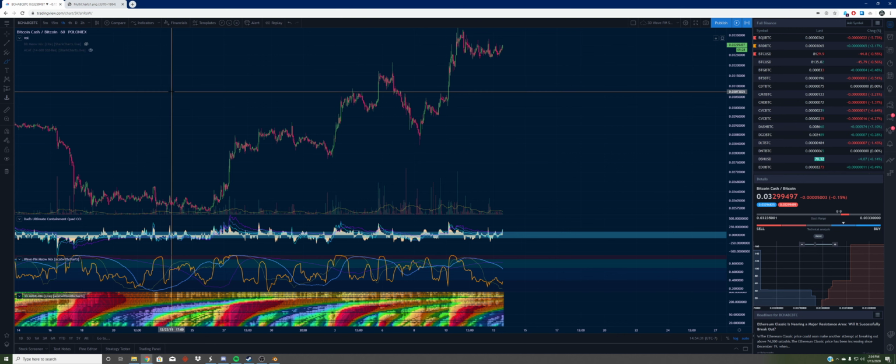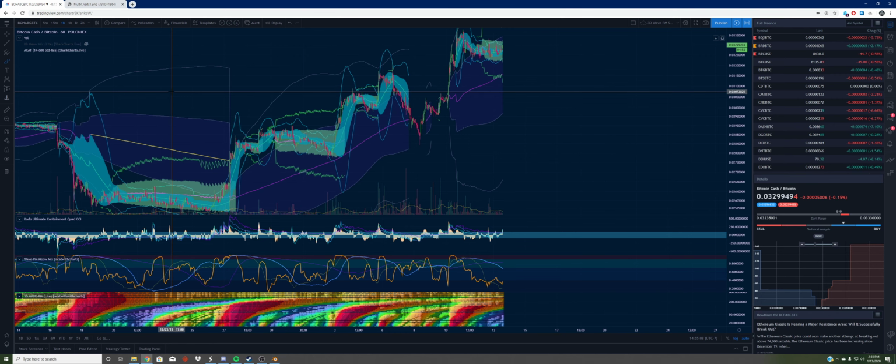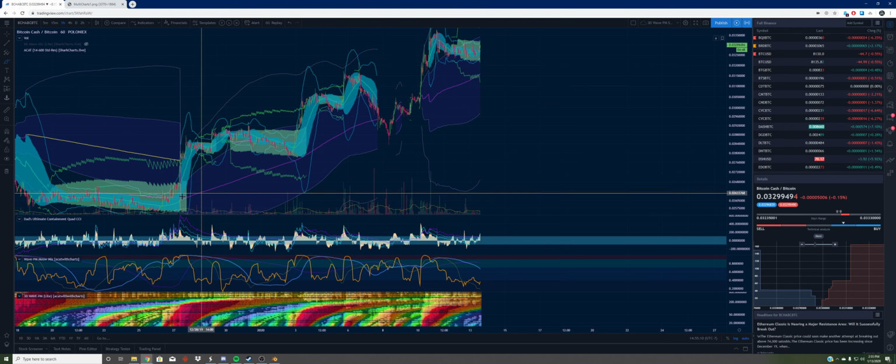I'll just let it bake. Cool. Yeah, that's active bearish mean reversion.